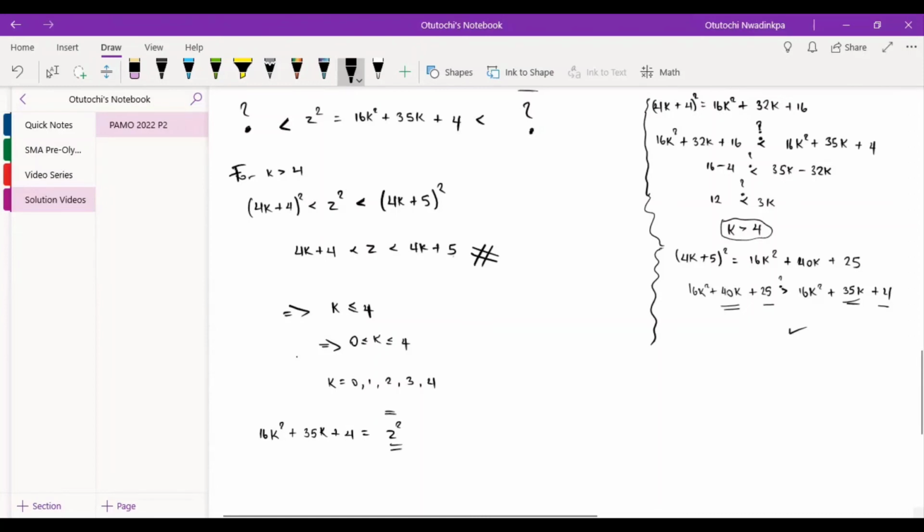But that's not all. We also have to find a, b, and c to see if that k actually works. But first, let's test to see if it gives us a square. If it doesn't, that's the end of that case, and you don't need to go down that line again. But for those that work, we can move on to find a, b, and c.